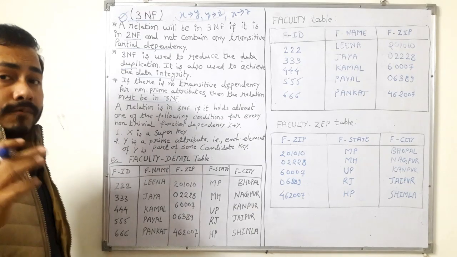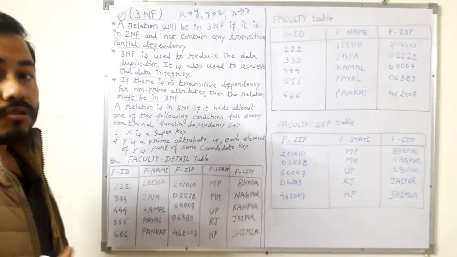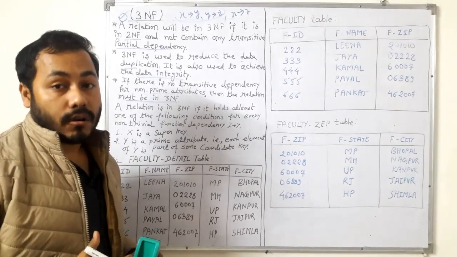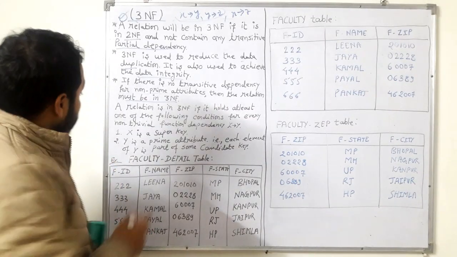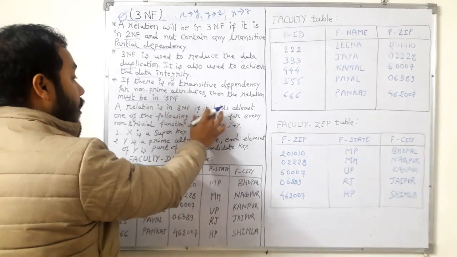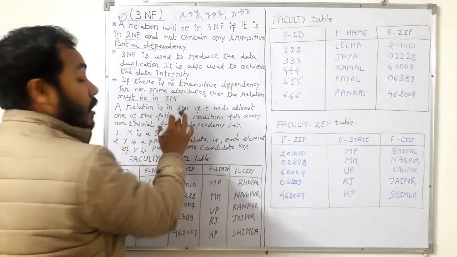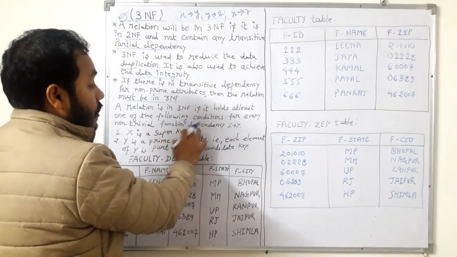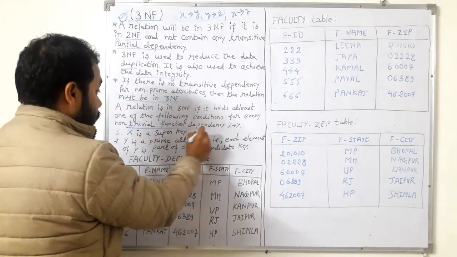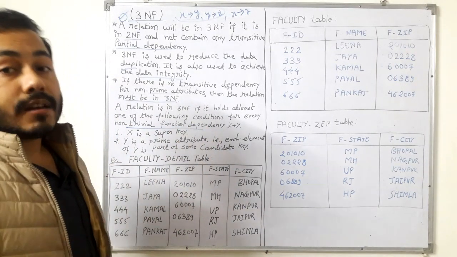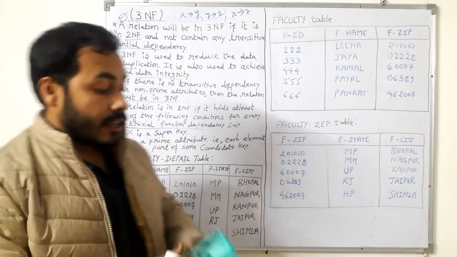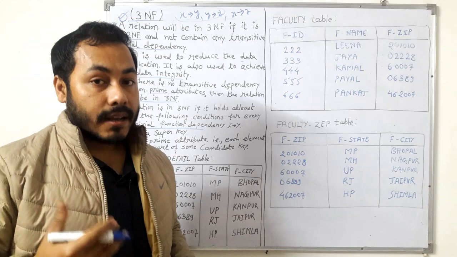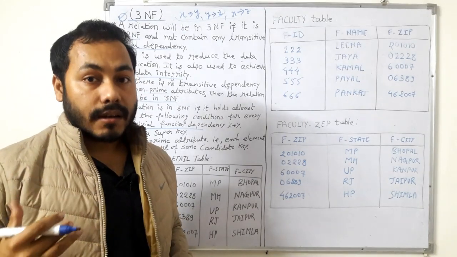Now we have some conditions to prove whether the given relation is in third normal form or not. Let's check about that. A relation is in third normal form if it holds at least one of the following conditions for every non-trivial functional dependency. Guys, the concept of functional dependency is very important, and in case of functional dependency you have trivial functional dependency and non-trivial functional dependency.